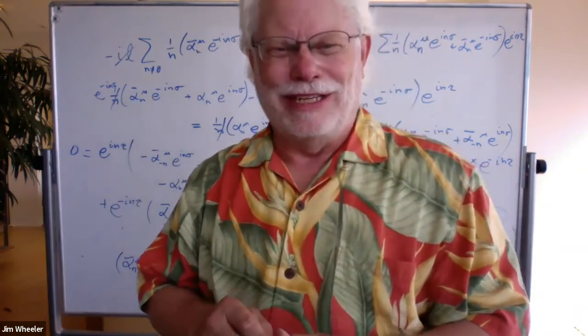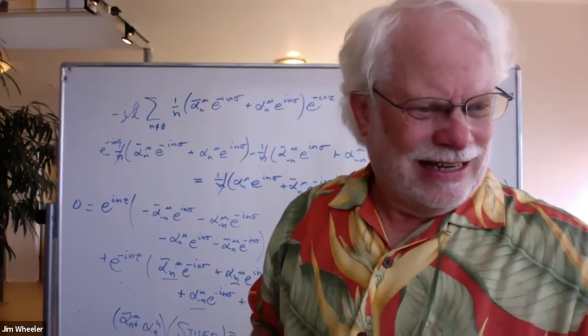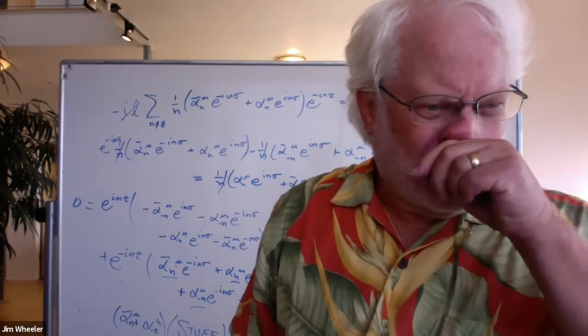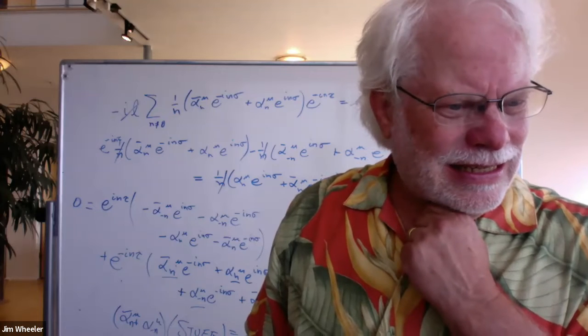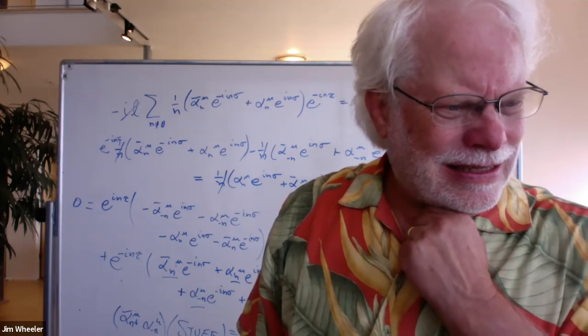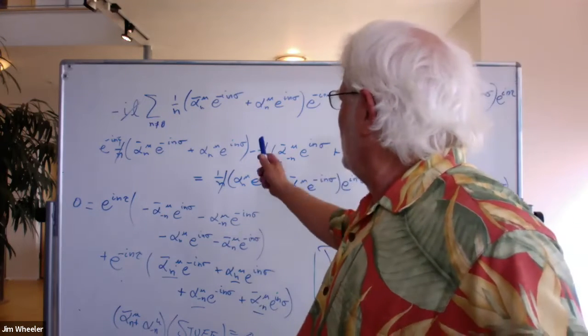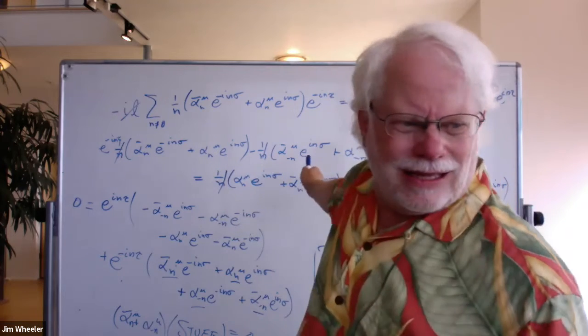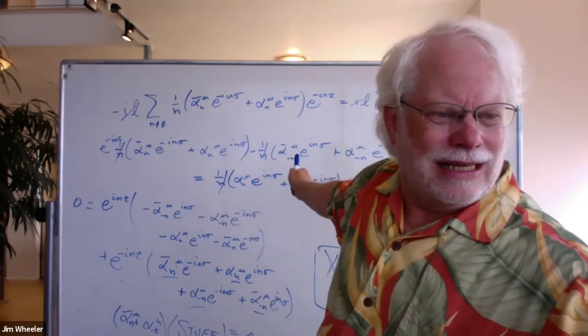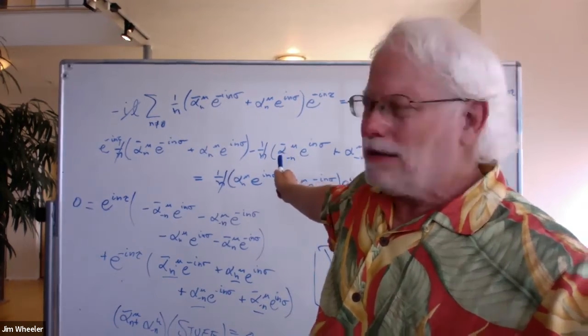So let me check what I've done here. Why did I get a different sign? Let's see, minus n, let me just, okay. Where's the minus n? Did I lose a complex conjugate?